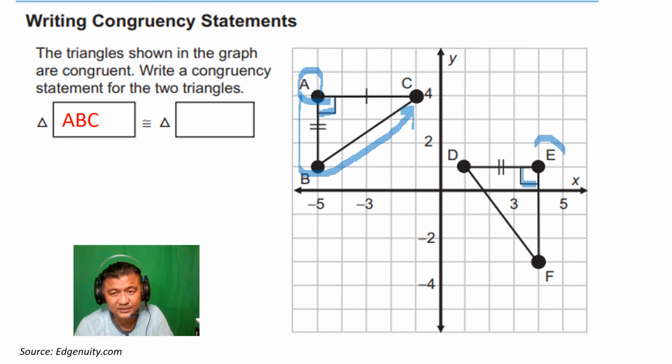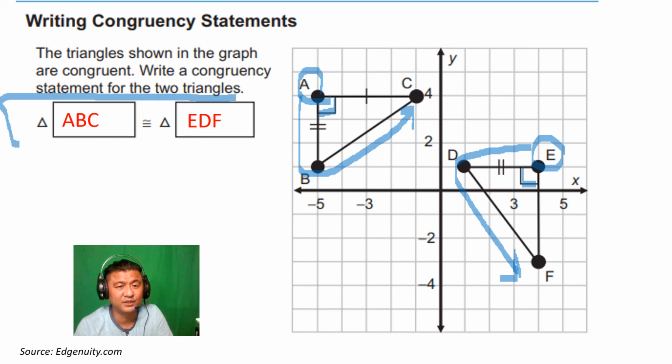I start with E. So if I start with E, will I name the longer one, the letter F? No. I will start from E followed by D and then F. So how do I write it? EDF. See, I follow a sequence, the one in blue.